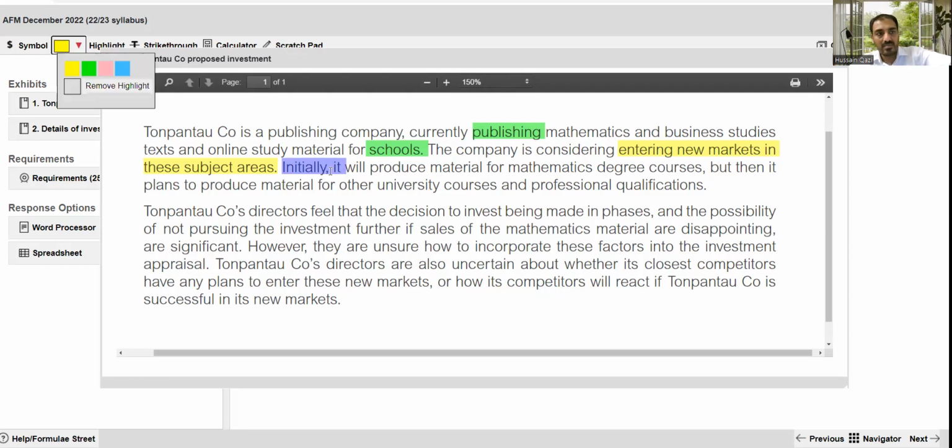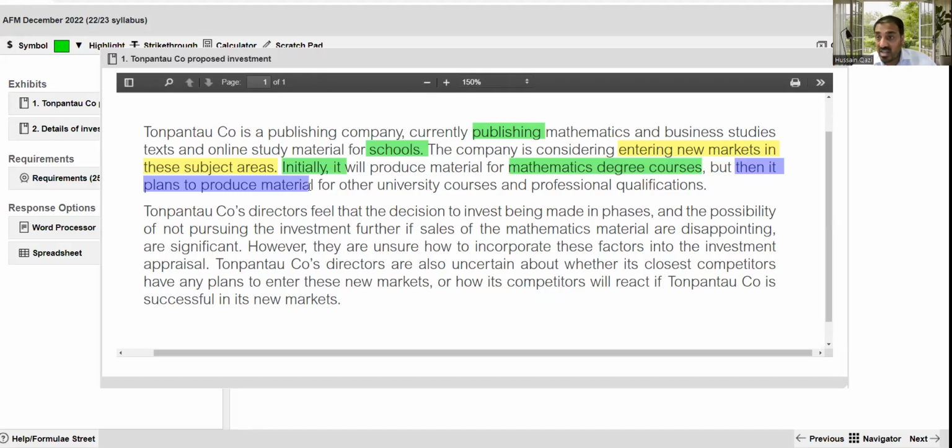Initially it will produce material for mathematics degree courses, but then plans to produce material for other university courses and professional qualifications. Do remember, initially they plan to move towards the degree courses. Subsequently, they will move to university courses and professional qualifications.